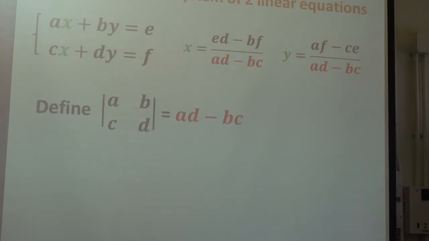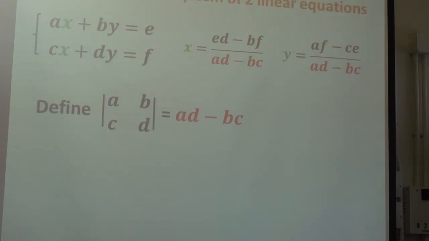And that was AD, right? The first term was AD, and we used a positive sign for the product of these 2 numbers. And then minus BC, the product of BC, we choose the negative sign for it. So we choose positive on one side and negative on the other side.